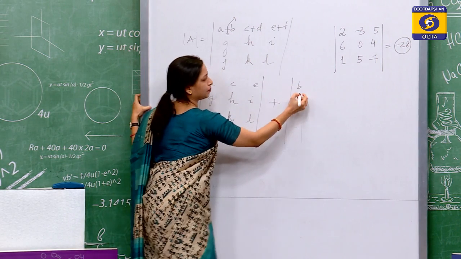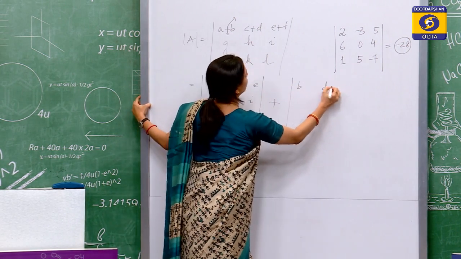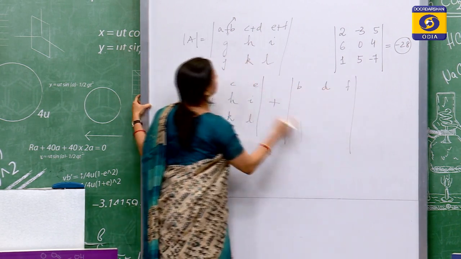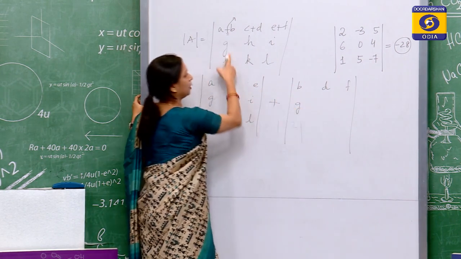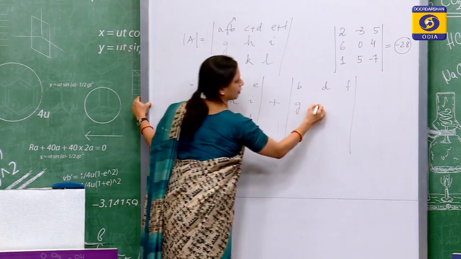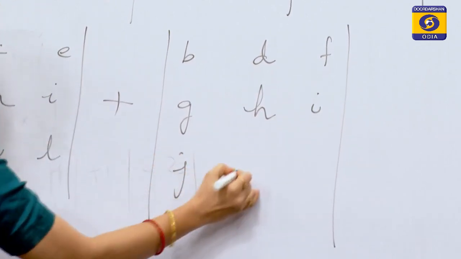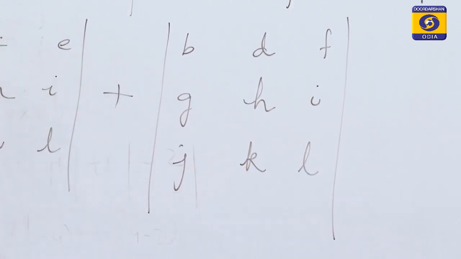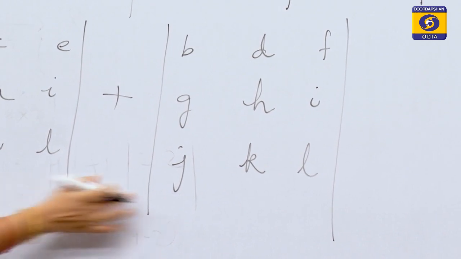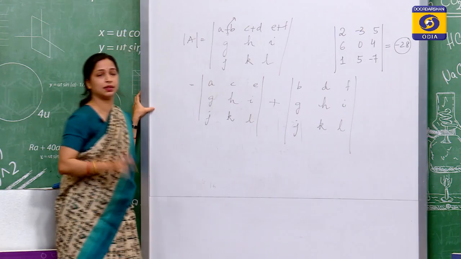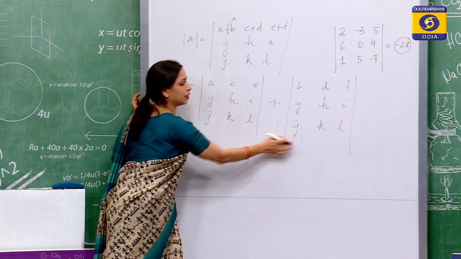So, B, D, F, again the remaining elements remaining the same, G, H, I and J, K, L, right. So, here we have split the single determinant into two determinants.